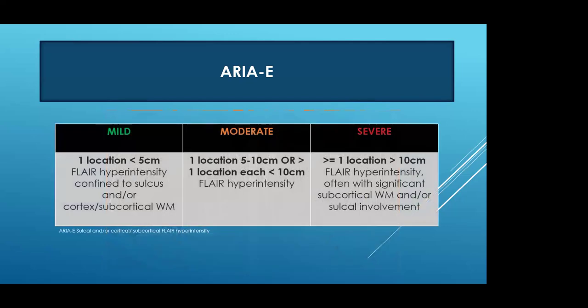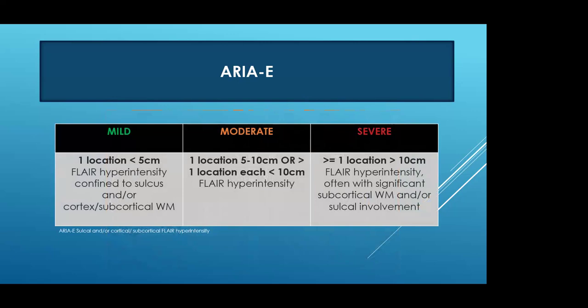You can further classify these as mild, moderate, and severe. And it's really easy, right? If it is less than 5 centimeters, it should be mild for only one location. If it is something in between 5 to 10, it should be moderate, unless we are talking about more than one location, in which case you will also say that it can be moderate.